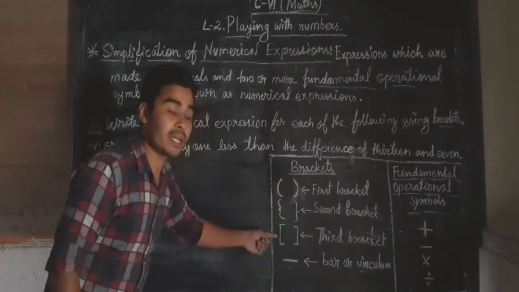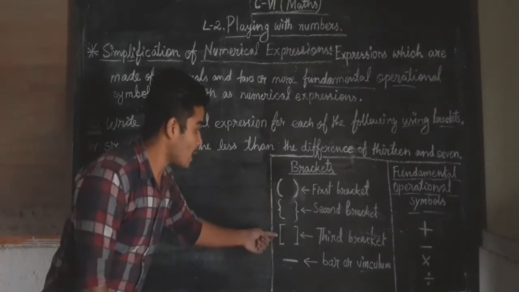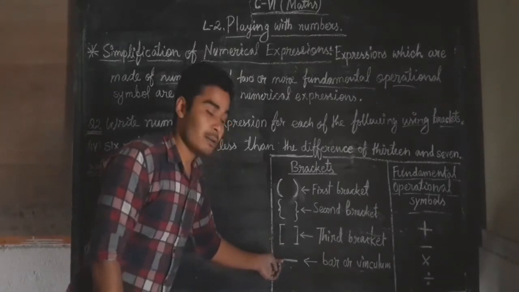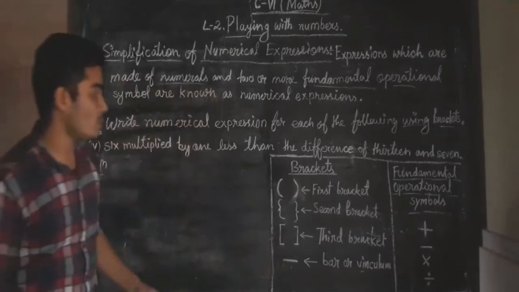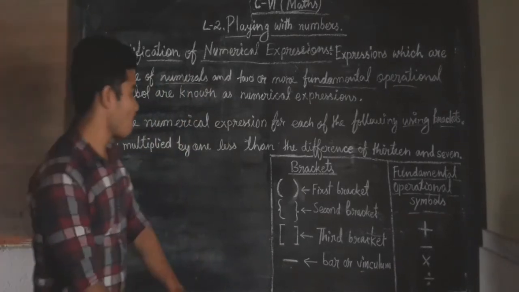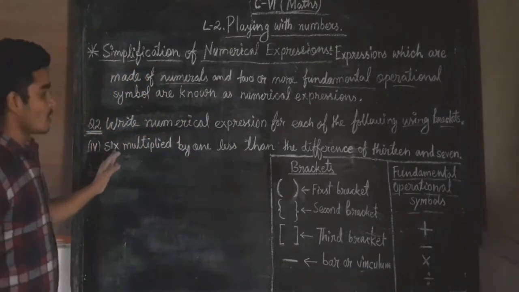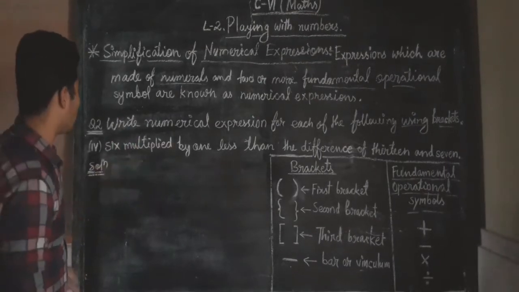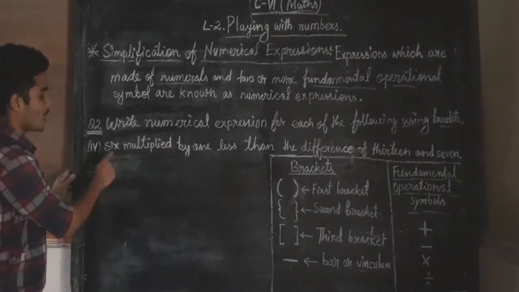After that only can we open the third bracket. And for this bar I will show you the calculation later. Now let us read the question again and try to form the numerical expression for this.